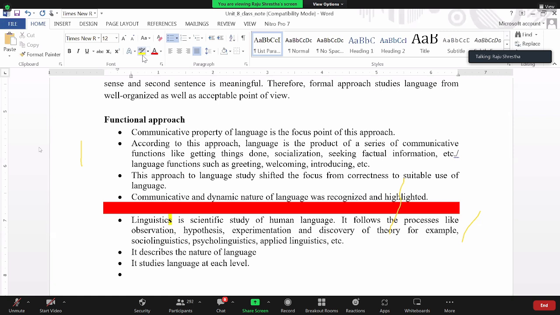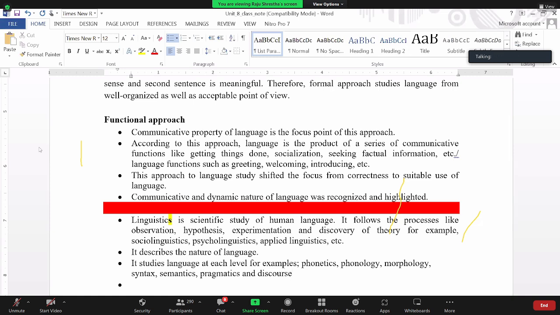Then it describes the nature of language. Nature of language because it studies language at each level. For example, like सुरुबाट भन्दा phonetics हैन, phonetics, त्यसपछि phonology, then phonology पछि morphology, morphology पछि आउँछ syntax, syntax पछि semantics आउँछ, semantics पछि pragmatics आउँछ, pragmatics पछि discourse हैन, discourse.